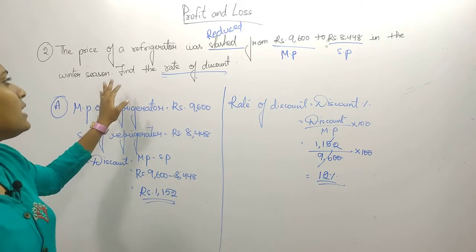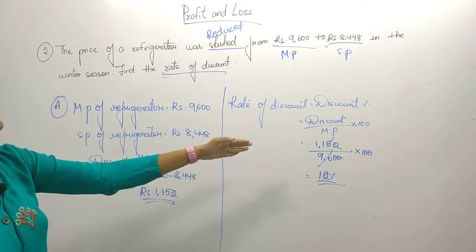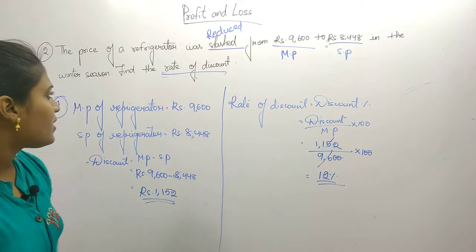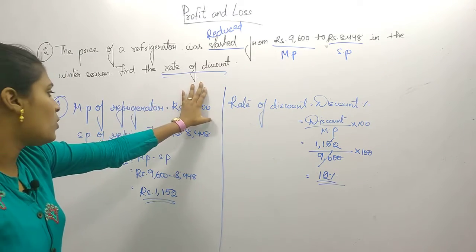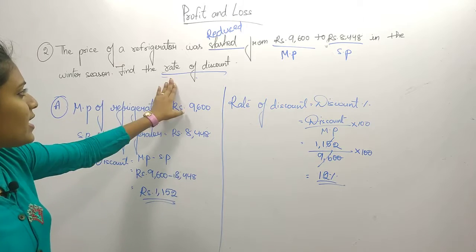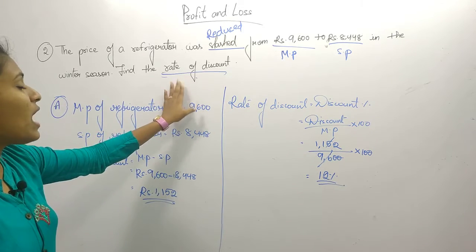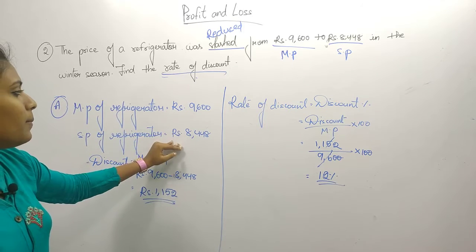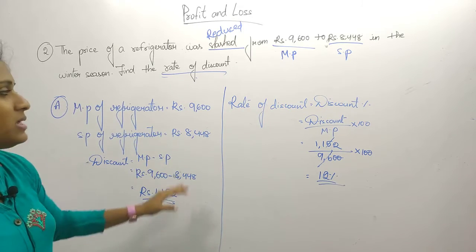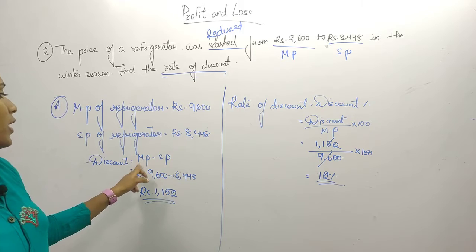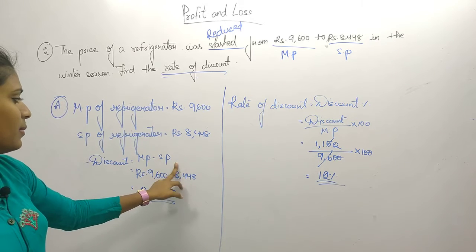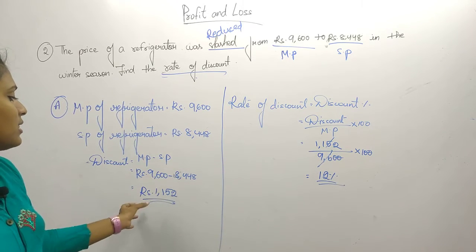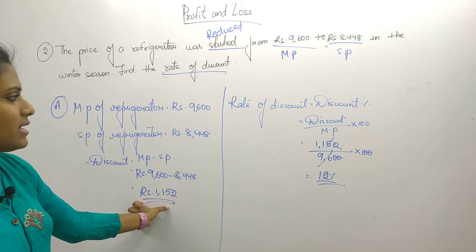See, whenever in the question market price is given, selling price is given and you are told to find the rate of discount, first, before finding the rate of discount, we have to find the discount. How much price is reduced, how can we know? By subtracting market price minus selling price, the answer which comes will be the discount.